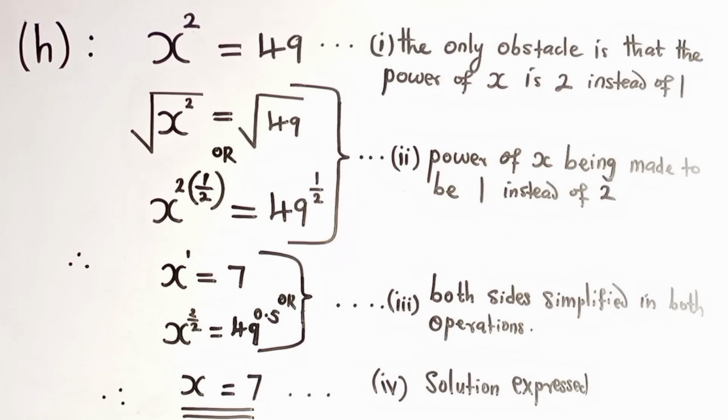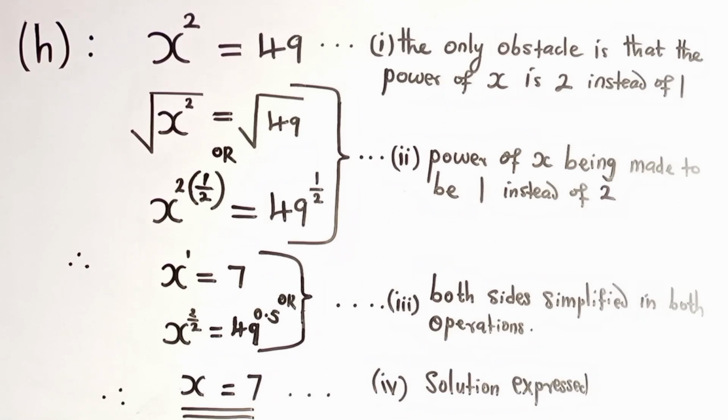So in this example, our assignment is to carry out a process, an action that is meant to clear that power and make it become power 1. So how is it to be done?